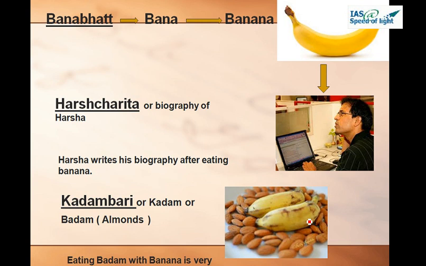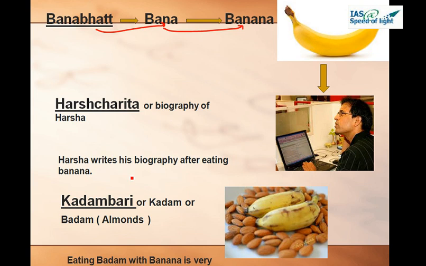Then comes our next author, Bana Bhatta. From Bana it becomes banana. Bana Bhatt, banana. So for Bana Bhatt, our picture will be of a banana. And Harsha Charitra, or biography of Harsha.